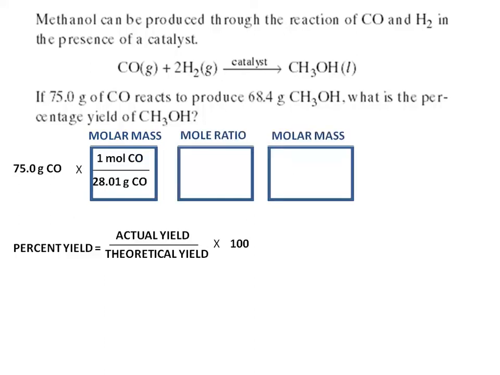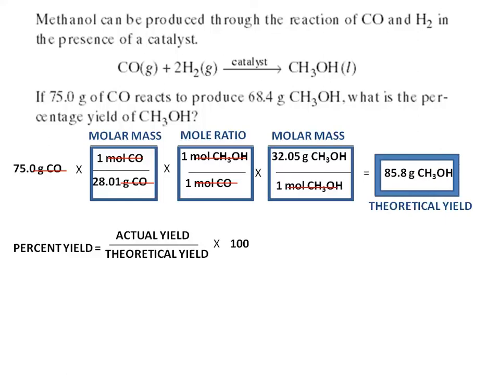So we do grams of CO to moles of CO. We do moles of CO to moles of CH3OH. And we do moles of CH3OH to grams of CH3OH. When we do our math, we get 85.8 grams of CH3OH. That's our theoretical yield. And that's the number that we end up putting into the percent yield problem.